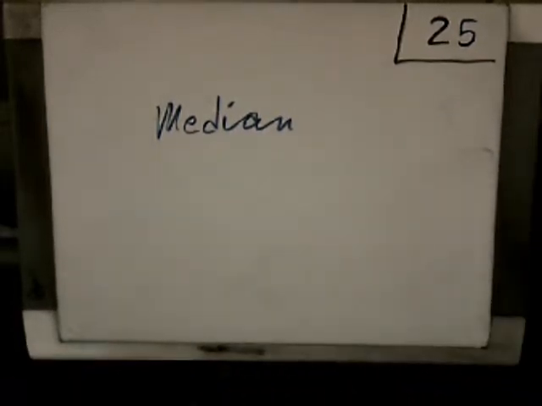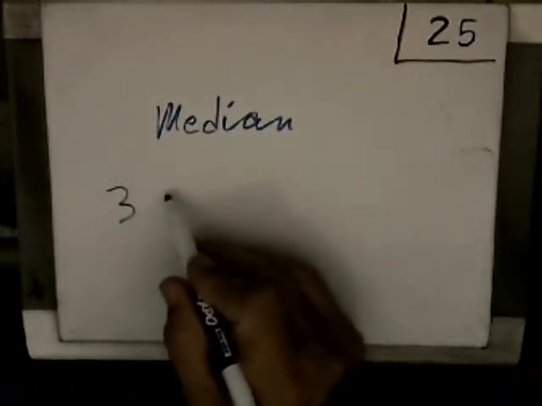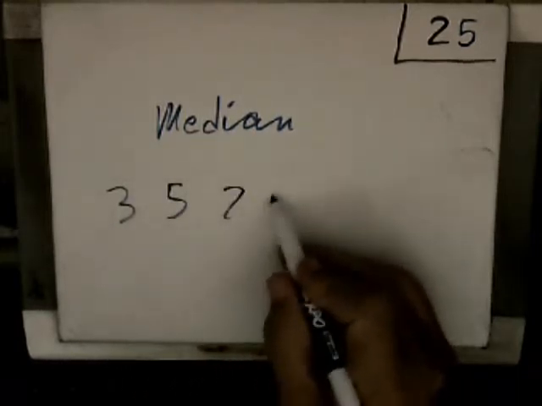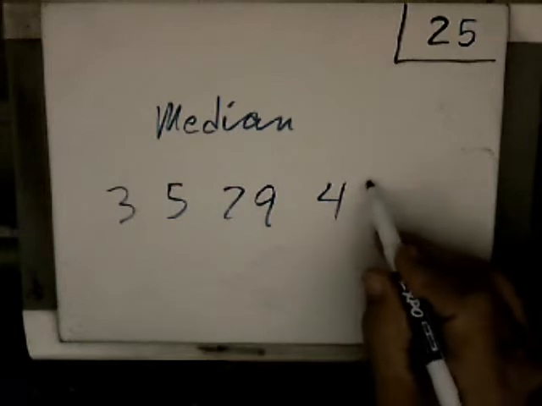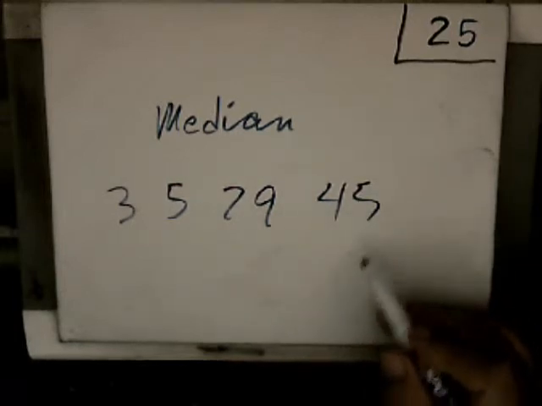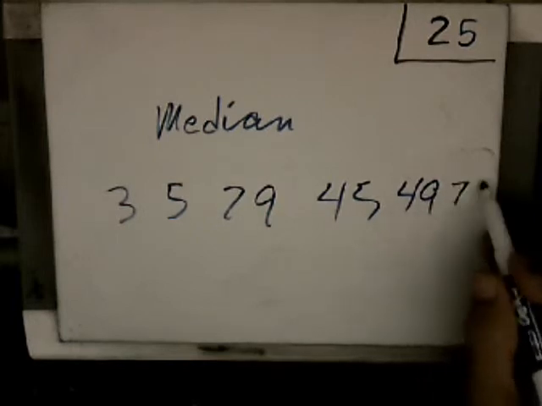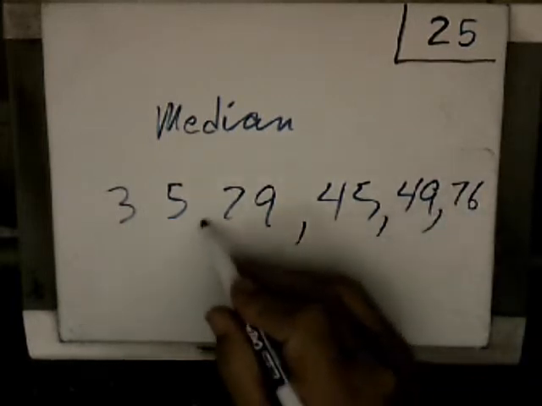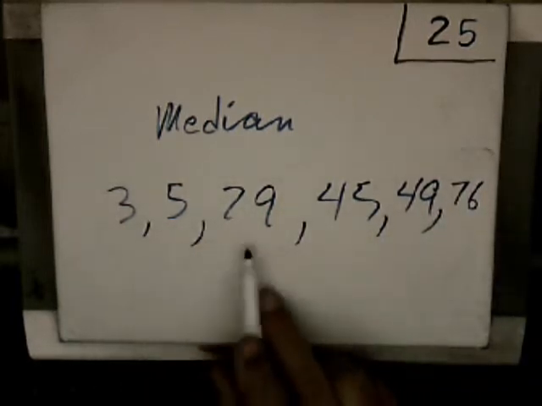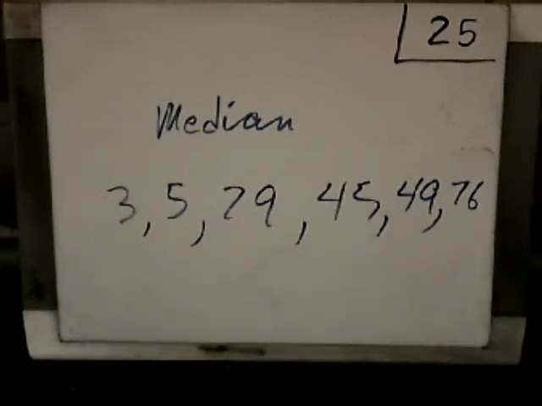Now let's say I had 3, 5, 29, 45, 49, and 76. 1, 2, 3, 4, 5, 6. I now have 6 numbers. Well, obviously there's no single number that's in the middle.